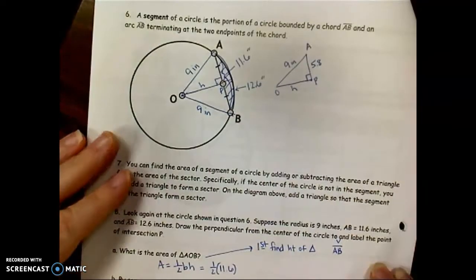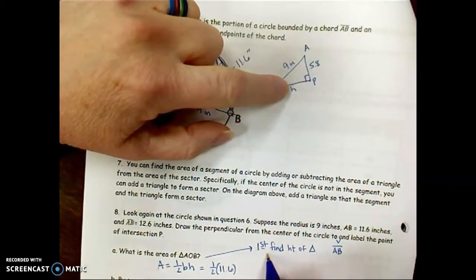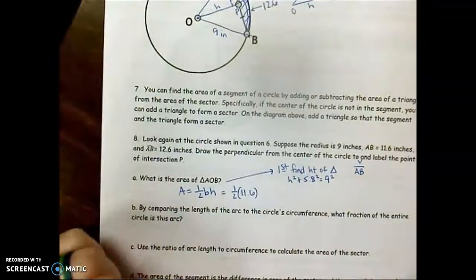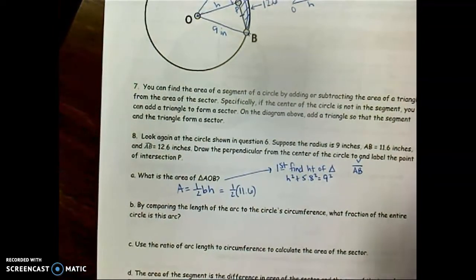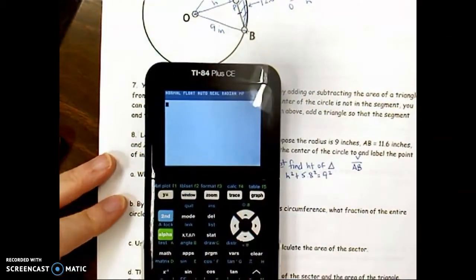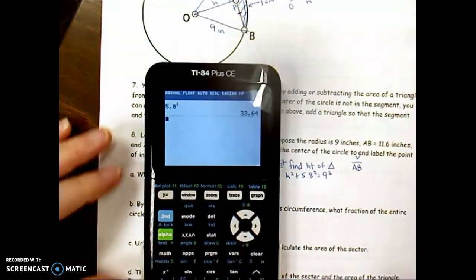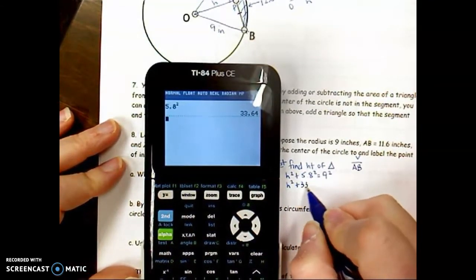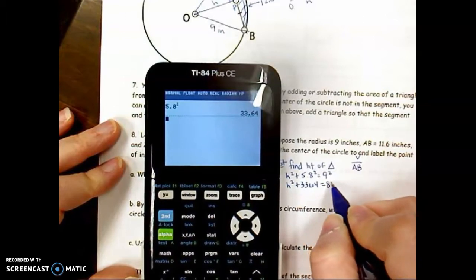So we're going to have h squared plus 5.8 squared equals 9 squared, the hypotenuse. So we can find 5.8 squared in our calculator. We know 9 squared, so we have h squared plus 33.64 equals 81.